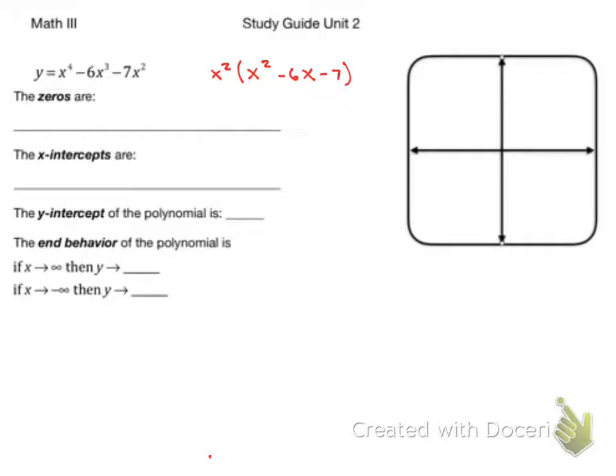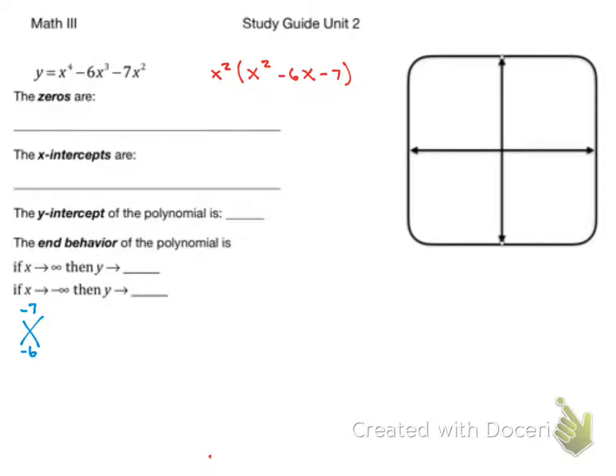Now we can start figuring out what our zeros are, and we have to factor a little further. If we're looking at this here, it's a quadratic, and our a is equal to 1, which means we can do the diamond. So -7 goes on top, -6 goes on bottom.